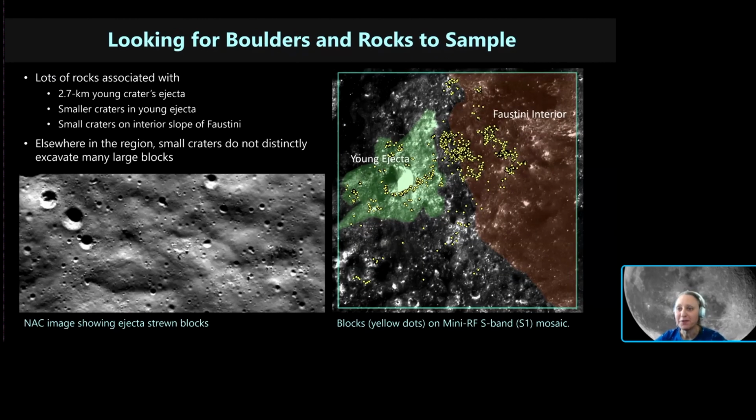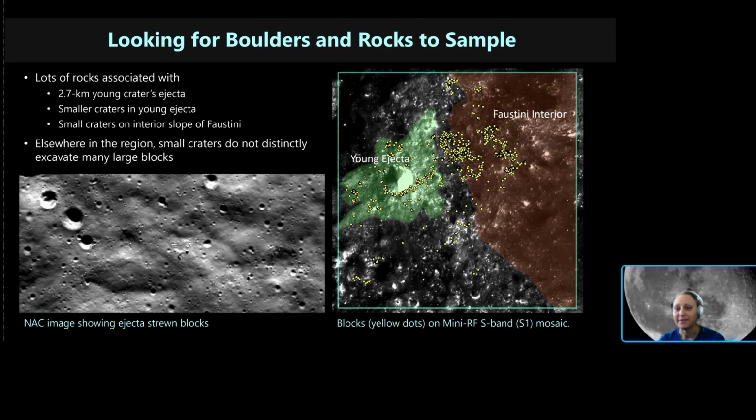So, looking for things to sample, we found that it was useful to start just mapping out where we were seeing these rocks and blocks and boulders. And so far, this image on the right here shows all the ones that we found so far in this region using NAC images.